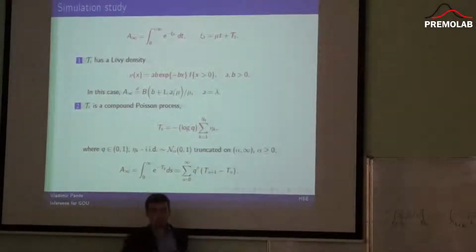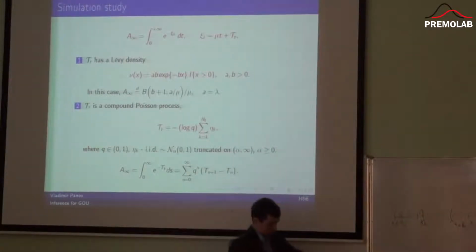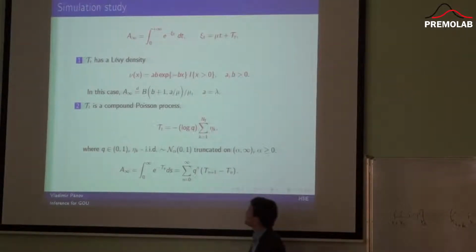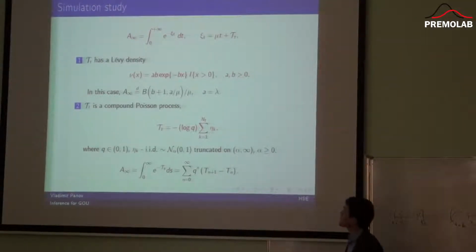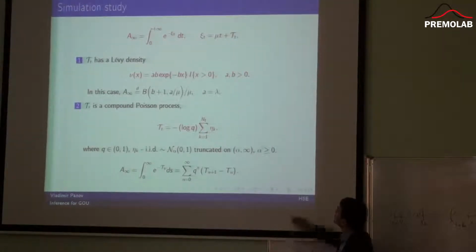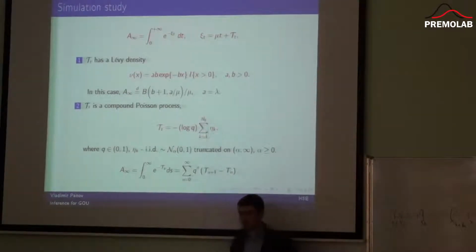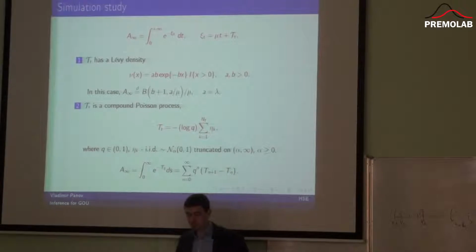So, some simulation examples for our theory. We consider two examples. In the first case, the pure jump part of our process has a Levy density in the following form. This is an exponential distribution.